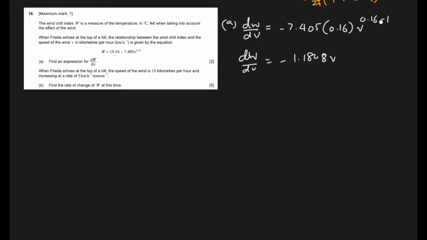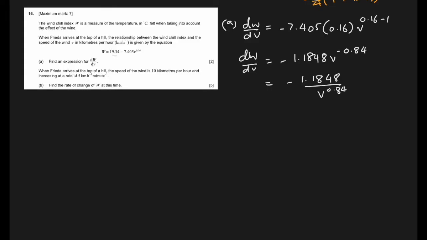V to the power 0.16 minus 1 will be V to the power minus 0.84. Find an expression, and okay, let's make it positive. Negative 1.1848 over V to the power 0.84. This is dW over dV.